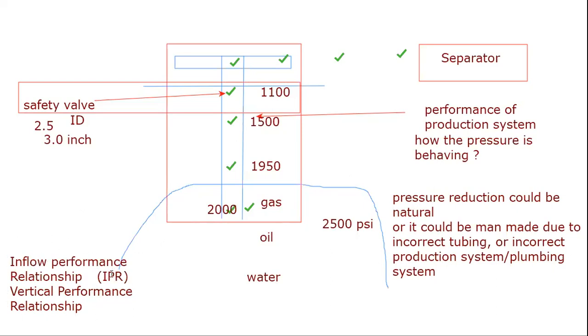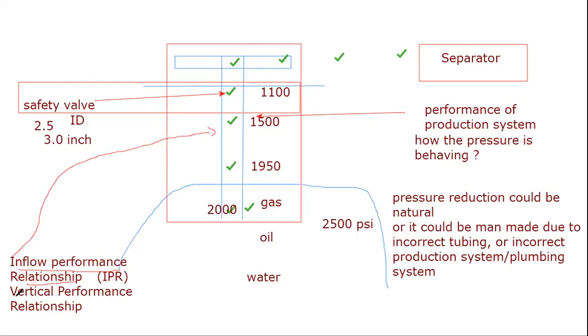This IPR represents the performance of this production system, how this production system is behaving. We say that okay, it is because of the pressure, but how do we put it in graphs, how do we really write it as a technical person? So we have a term we use, which is the inflow performance relationship graph, a graph that we use in order to evaluate this production system.